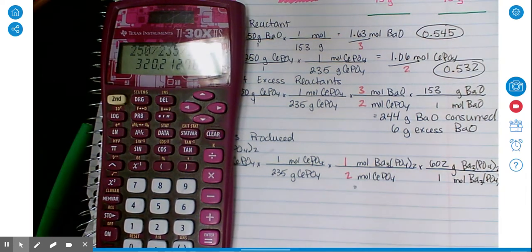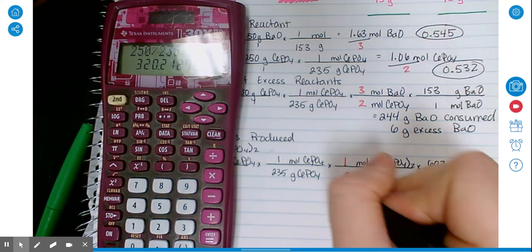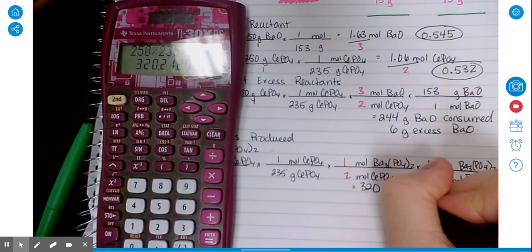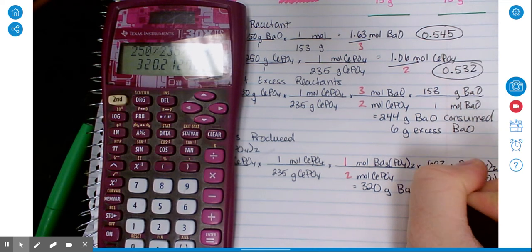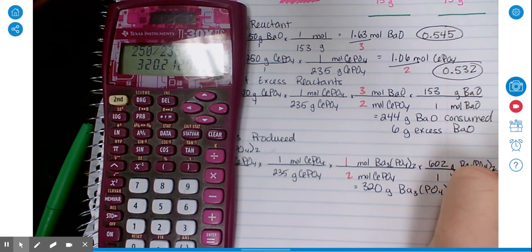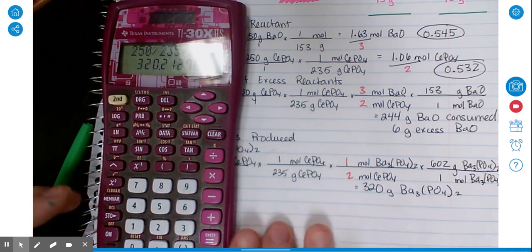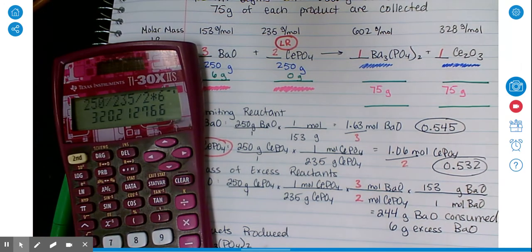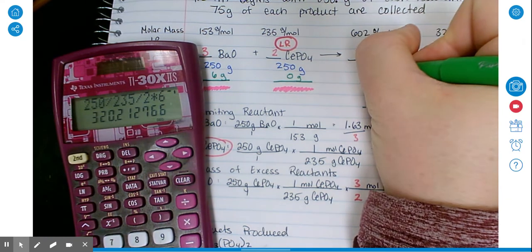I end up with, I am going to produce 320 grams of the barium phosphate. So for theoretical yield of my products, I think I'm going to get 320 grams of barium phosphate.